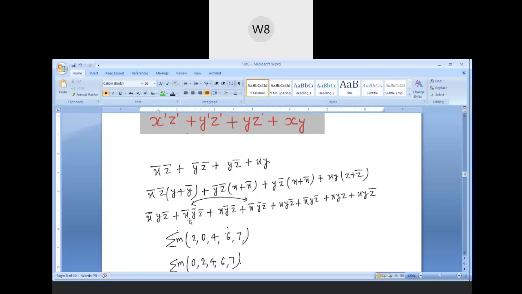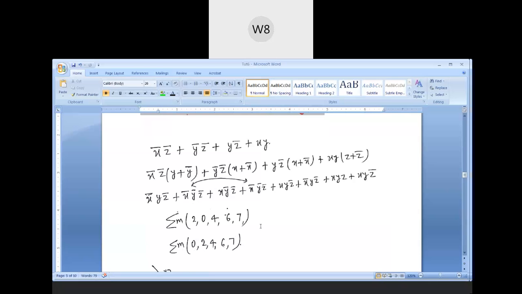Now the second term is 0, 0, 0, which is M0, and the third is 1, 0, 0, which is 4, so this is M4. The fourth one you can see again is 0, 0, 0, so it is a repetition and we will not place it here. That way we find the representation of the function in the form of min terms.